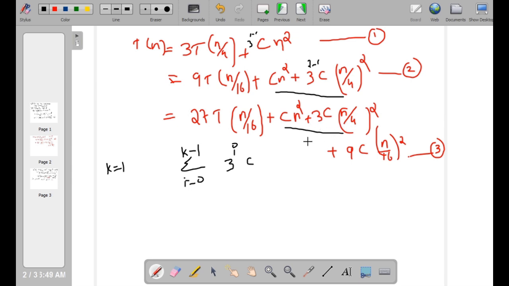When the equation is 2, we are getting n by 4. When equation number is 3, we are getting the last term n by 16. So in general I can write n by 4 raised to i. When i is equal to 0, I can write n by 4 raised to 0 whole square.